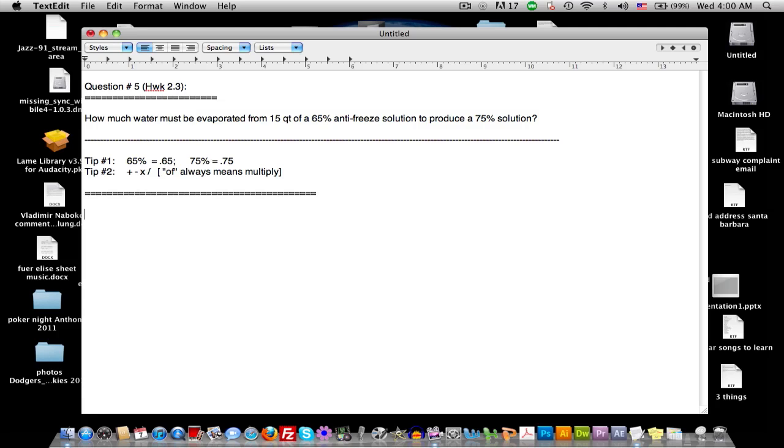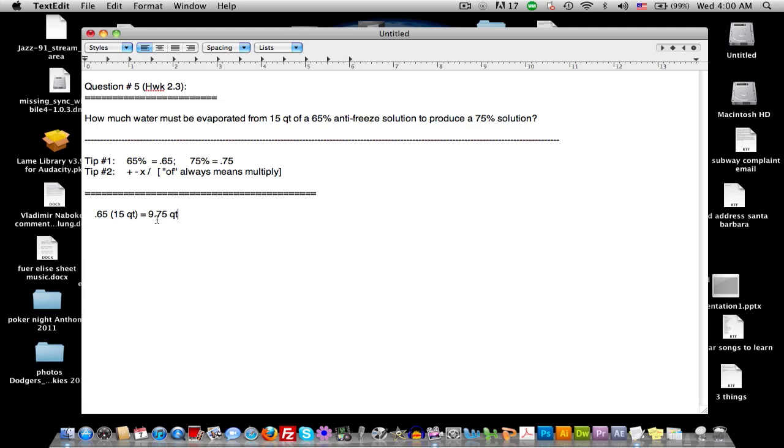So if we take 65%, or 0.65, of, meaning multiply, 15 total quarts, then we know that the quantity is equal to 9.75 quarts.